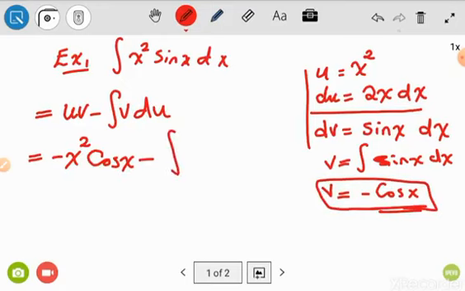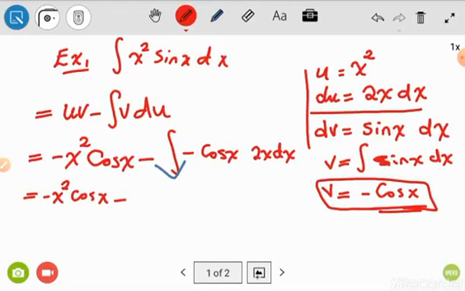Then the integral of v, which is negative cosine x, times du, which is 2x dx. Negative by negative is positive, so the next step will be negative x squared cosine x. This part will stay the same to the end of the answer, and negative by negative will be positive, the integral of 2x cosine x dx.